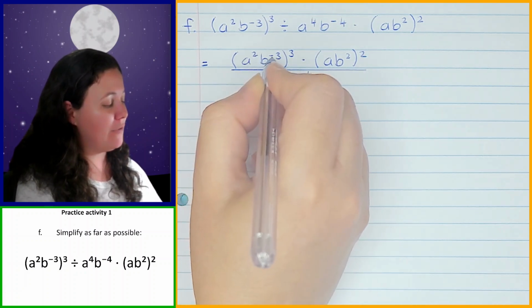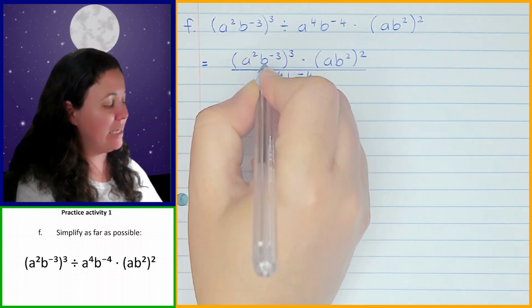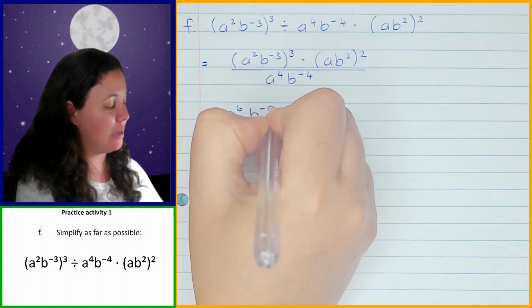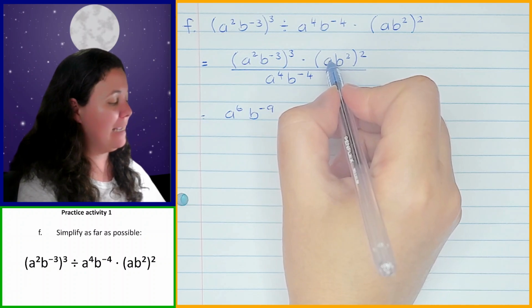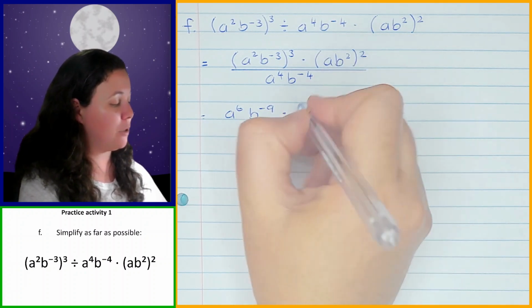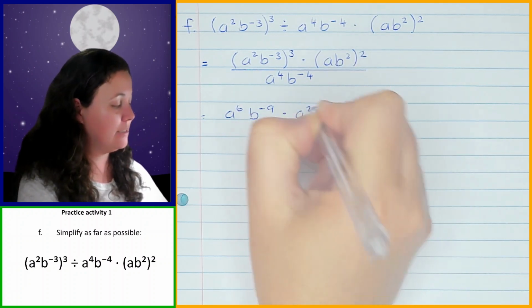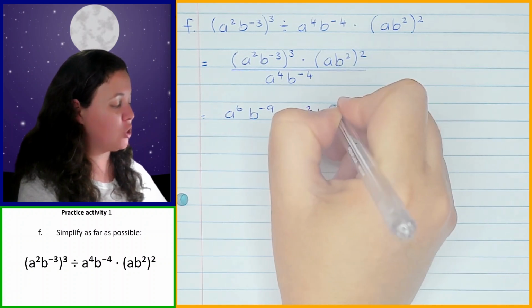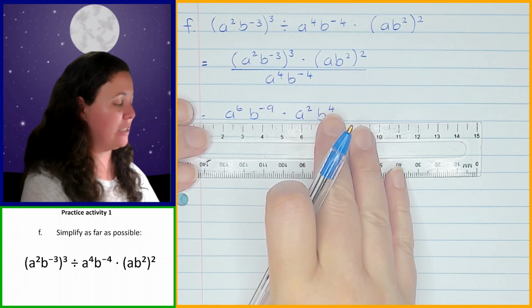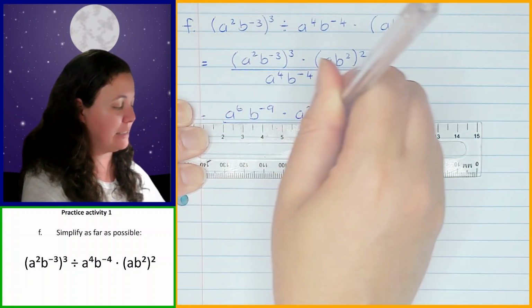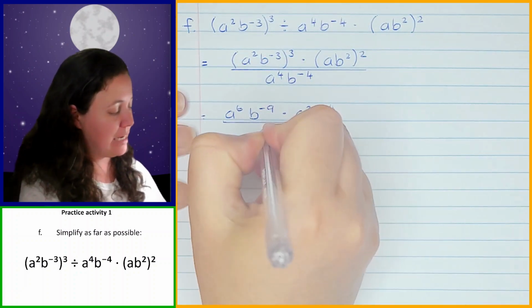And b to the power of negative 3 cubed is b to the power of negative 3 times 3, which is negative 9. That's being multiplied by a to the power of 1 squared, which is a to the power of 1 times 2, which is a squared, and then b to the power of 2 times 2, which is 4. At the bottom of my fraction, I don't need to do anything at the moment because I didn't have any brackets to get rid of. So that is just going to stay as it is.